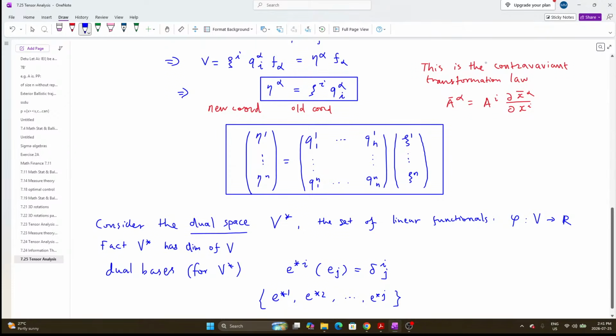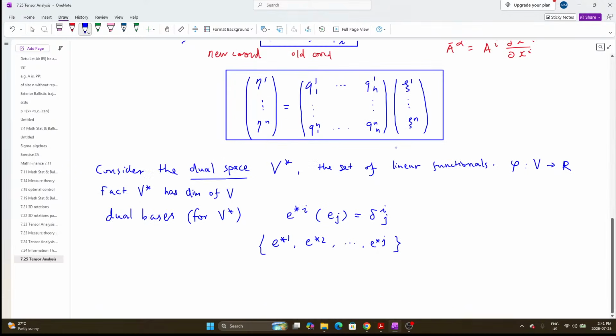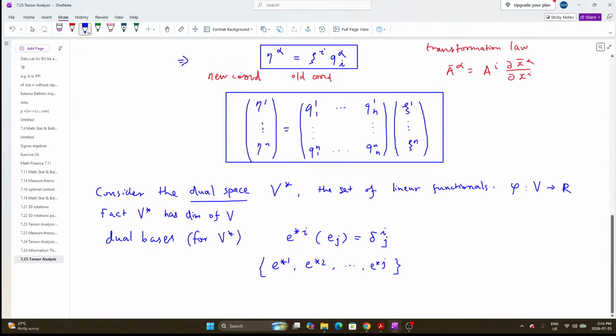Here we have the contravariant transformation law, and we're in the process of deriving the covariant transformation law, which is satisfied by the components of elements in V star, so-called covectors.